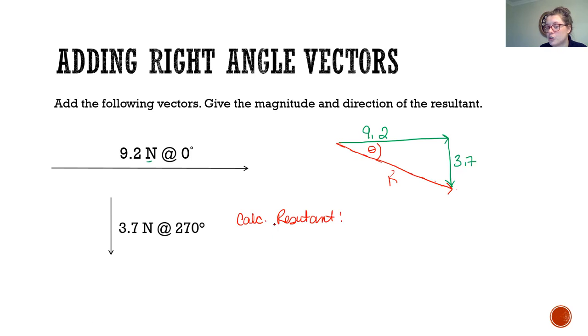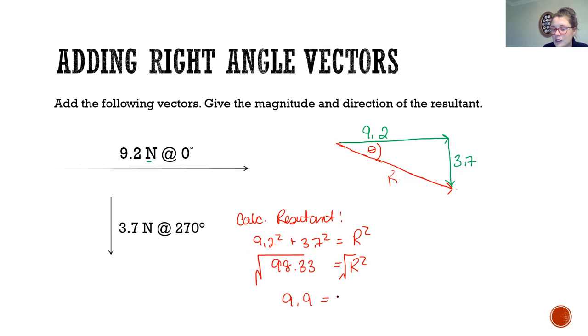We calculate the magnitude first, so we use our Pythagorean theorem. 9.2 squared plus 3.7 squared is equal to r squared, and we get 98.33 equals r squared. Use your algebra, take your square root, and we get 9.9 equals r. That's the size of our vector.